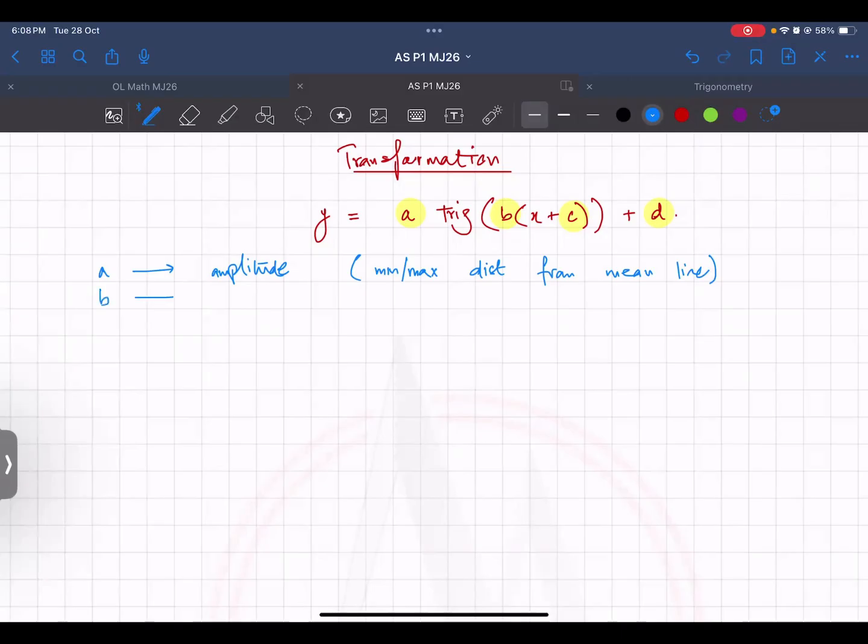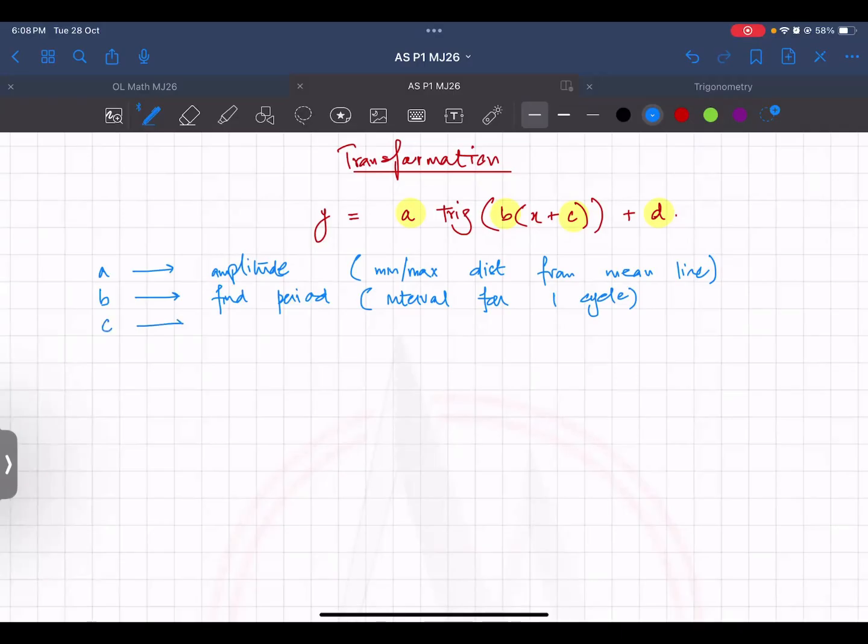B will help you to find the period. Period is the interval for one cycle, or one wave.